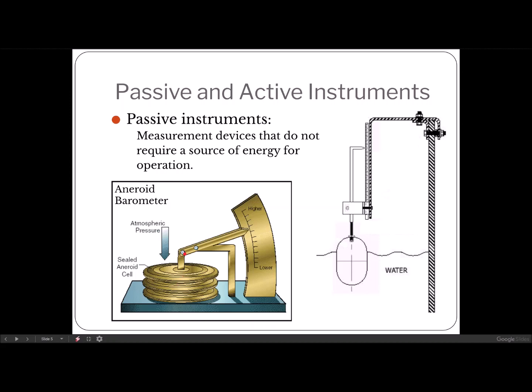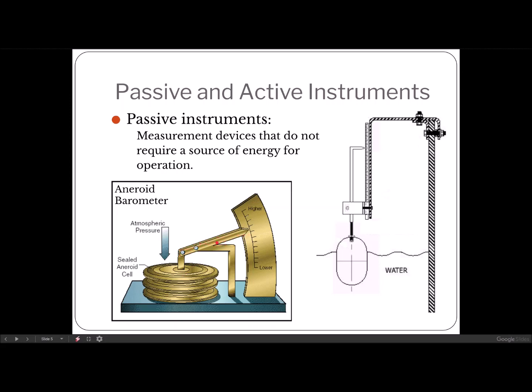So the cell will be compressed, and then the compression of this cell will change the lever position.